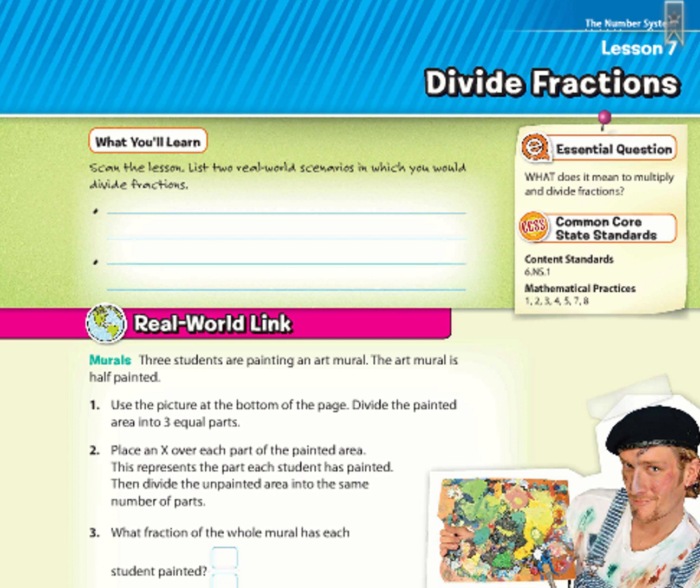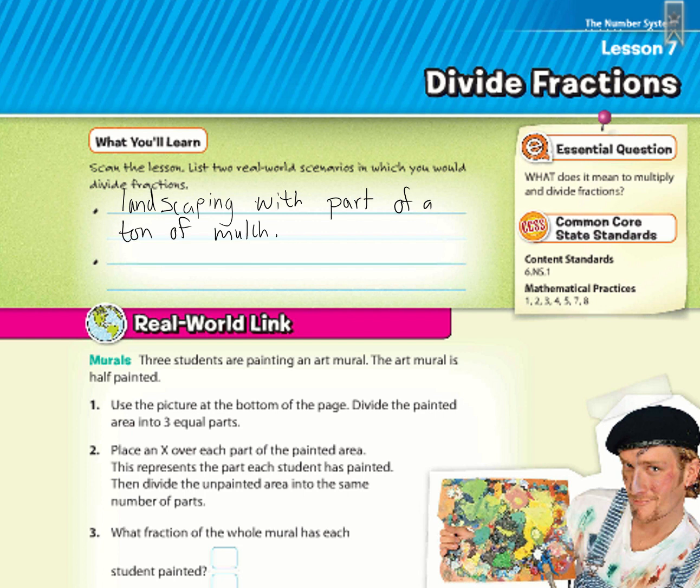So scan the lesson, list 2 related real-world scenarios in which you would divide fractions. So we're going to say landscaping, with parts of a ton of mulch.